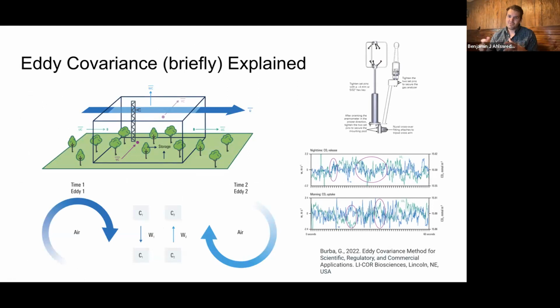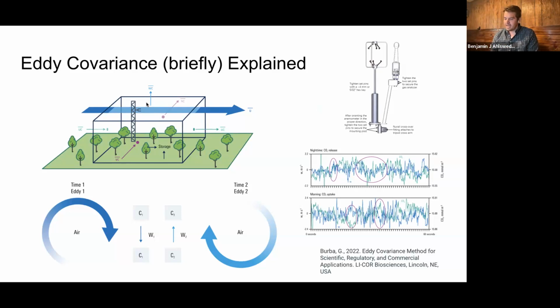This is what you would do on a leaf. If anyone's ever used a LI-COR, you can actually encapsulate a leaf and measure the flux of carbon from a leaf, but we can't encapsulate a forest, and we certainly can't encapsulate a city to measure the flux of things. Luckily, there's a technique called eddy covariance that allows us to measure the flux of whatever thing you're interested in, with some assumptions and some very high precision measurements.